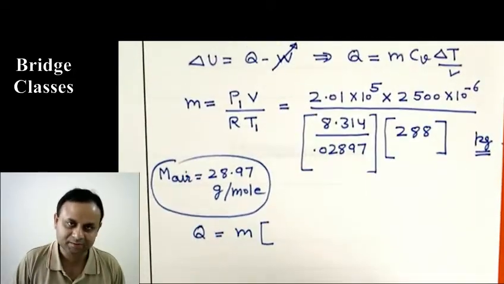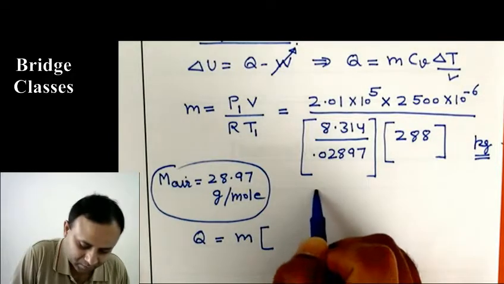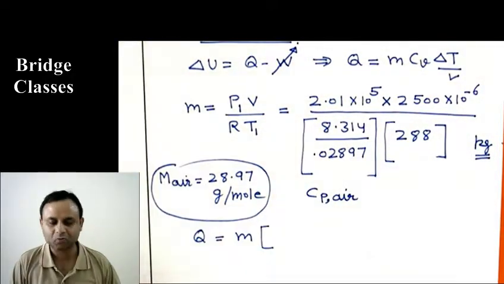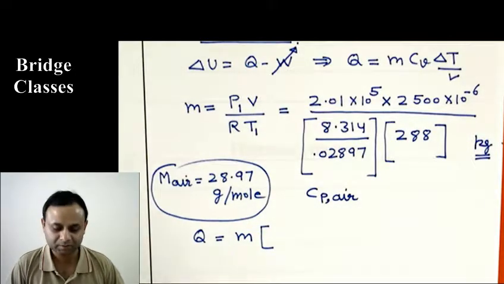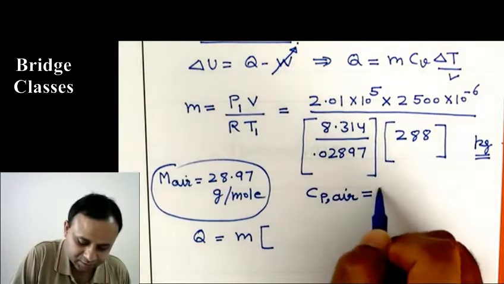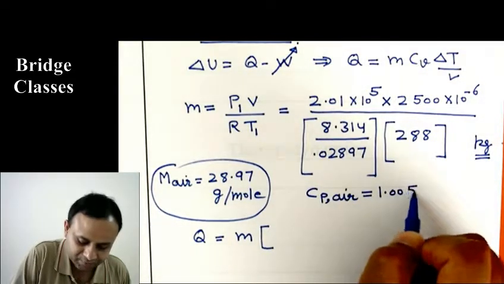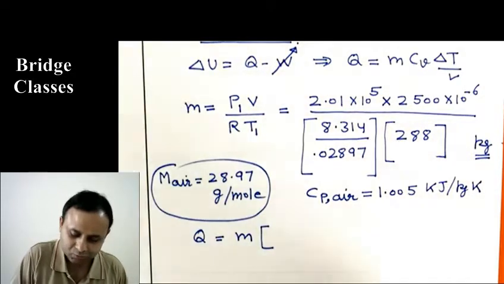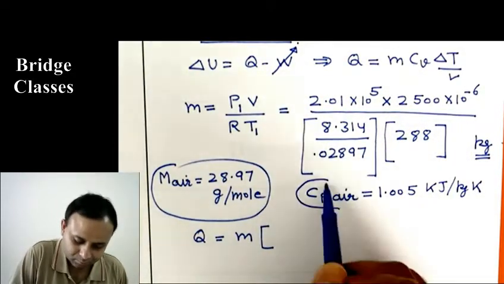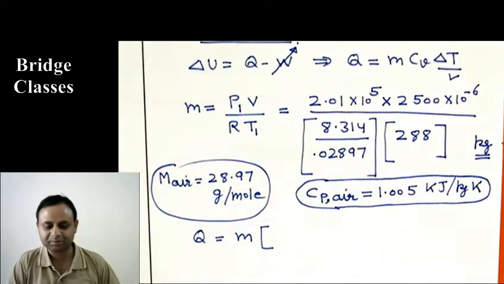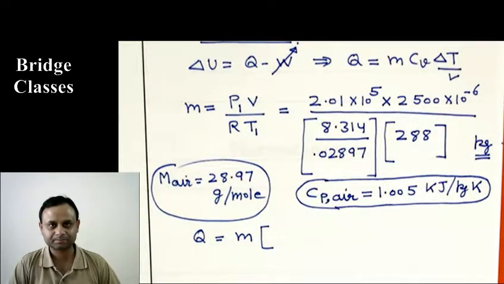The molecular weight of air, you remember. You can also remember Cp of air at room temperature. Cp is a function of temperature, but at room temperature it is 1.005 kilojoule per kilogram Kelvin, so it is close to 1. It is good to remember this number, Cp for air.